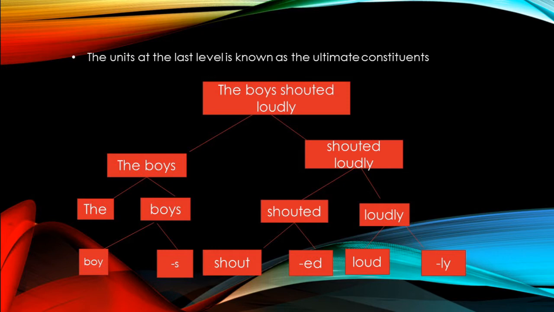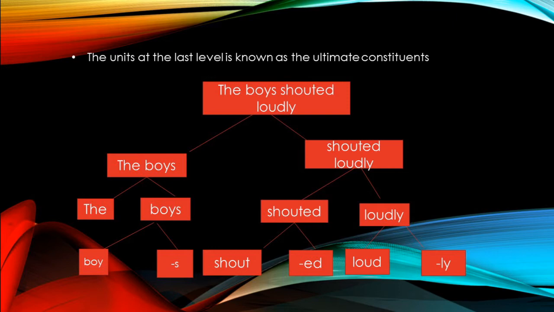Okay, so the boys shouted loudly is known as the construction, and the boys and shouted loudly are known as the immediate constituents of the boys shouted loudly. Again, the boys and shouted loudly can be the constructions of the and boys and shouted and loudly.